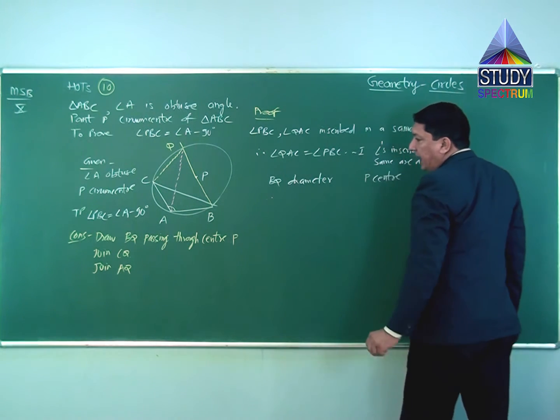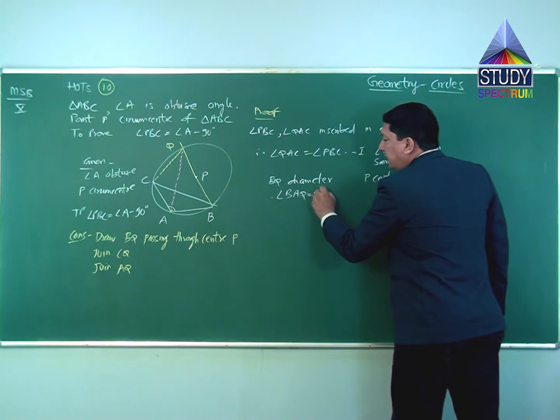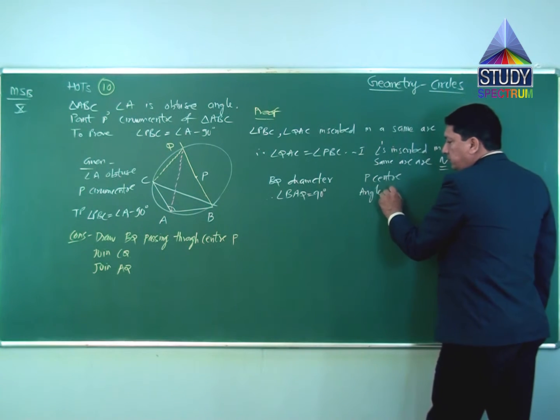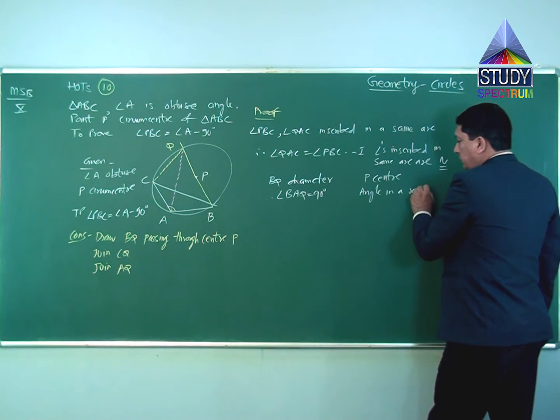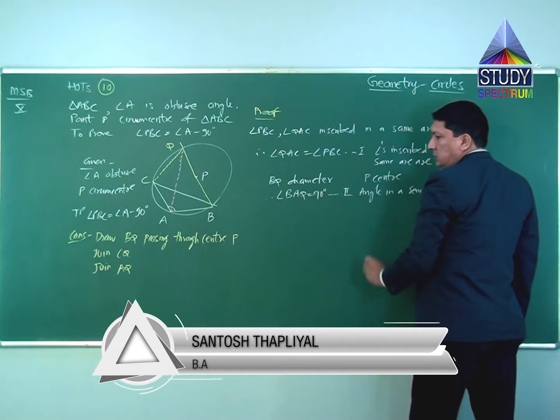Therefore, angle BAQ is equal to 90 degree. Reason, angle in a semicircle. Angle in a semicircle is right angle. Second equation.